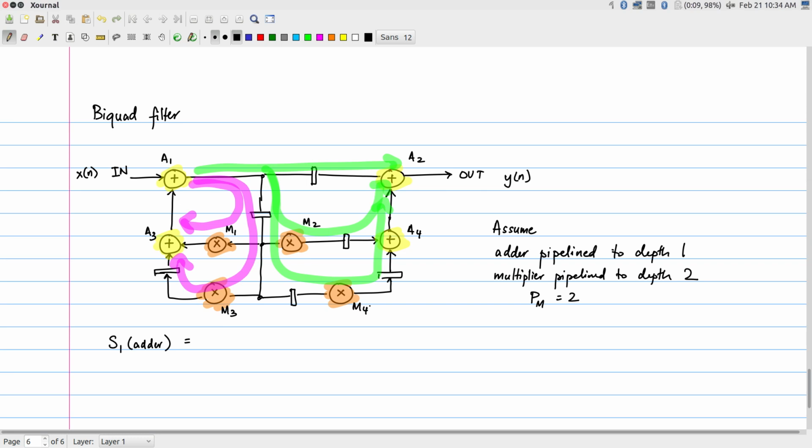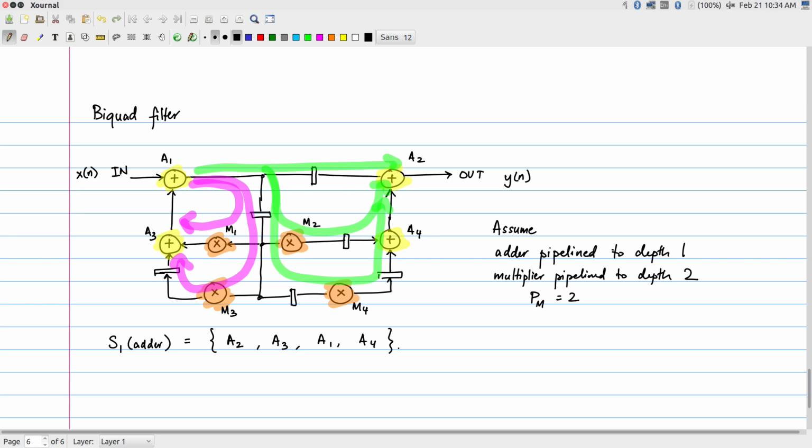The set S1 for the adder, I'm just going to give you this information, is basically going to be A2, A3, A1 and A4.